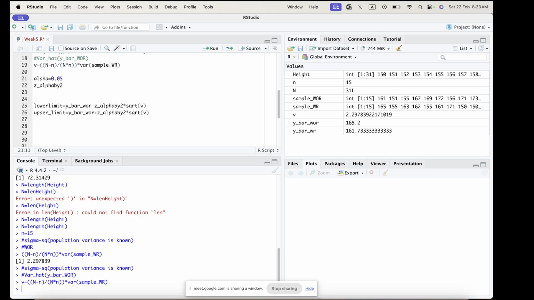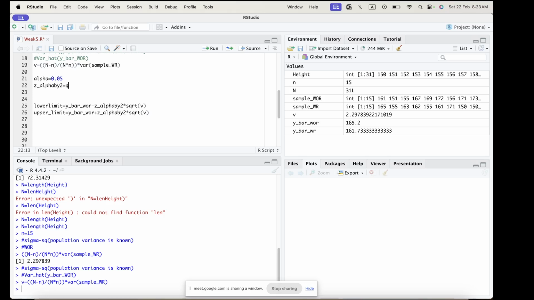So if alpha is 0.05, then I would estimate a 95% confidence interval. Okay, so Z alpha by 2 is that point such that area above this point is alpha by 2, that is 0.025. So how do we calculate this?